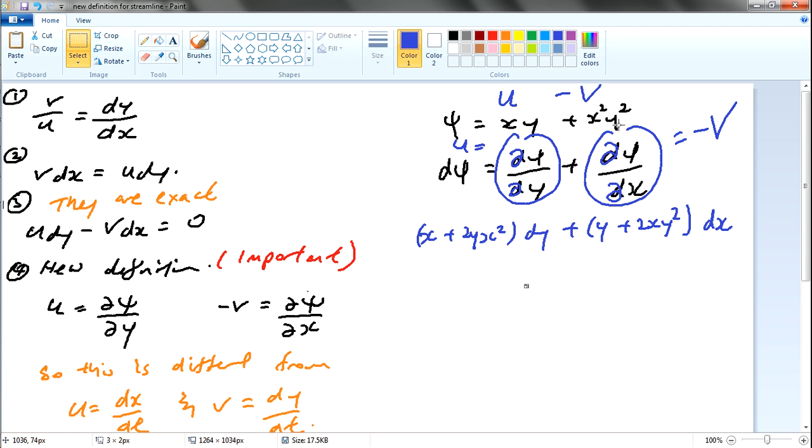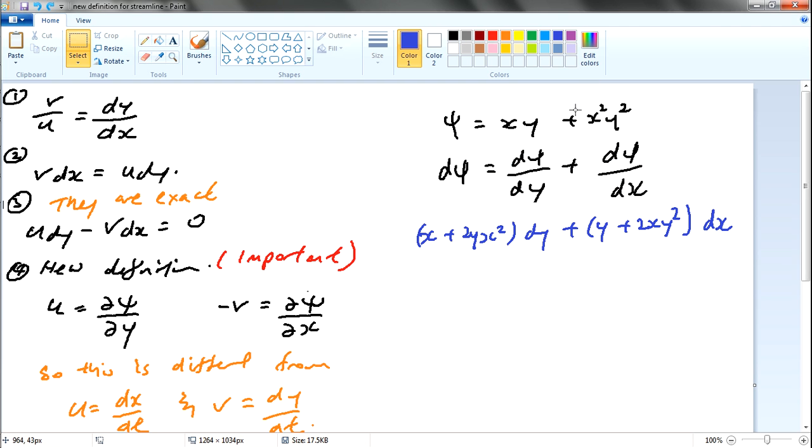I can't prove to you that u is equal to xy and minus v is equal to x squared y squared, because they don't have any meaning at all.